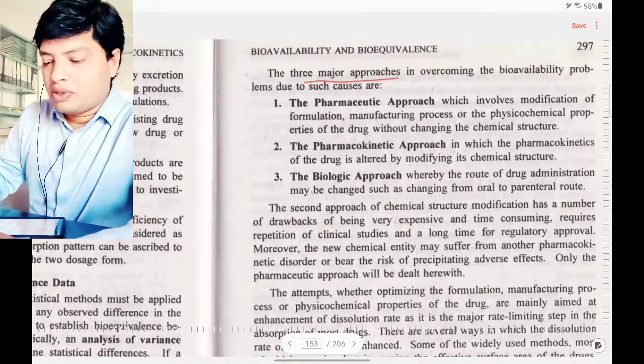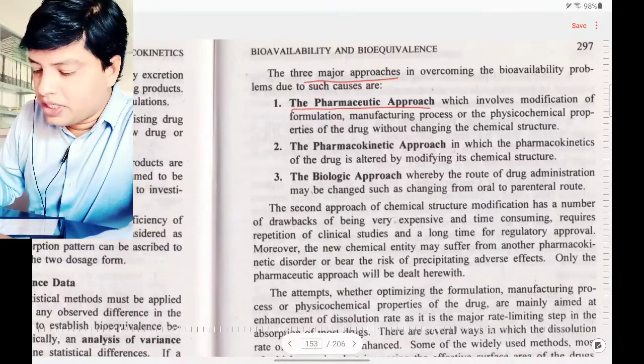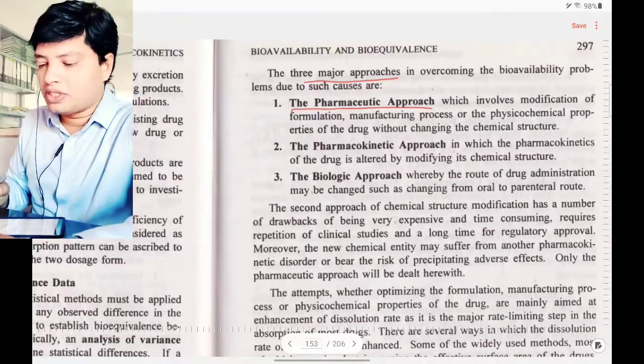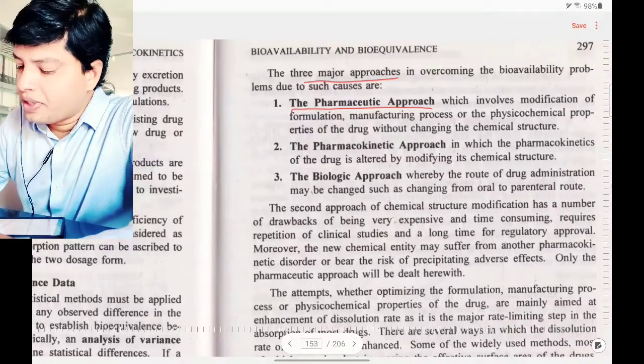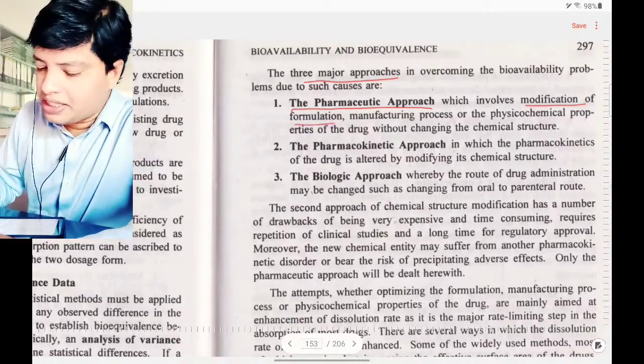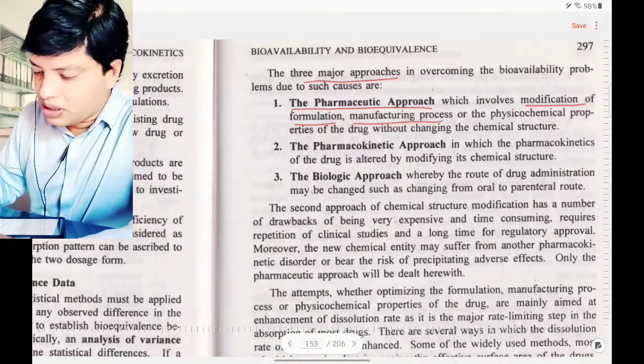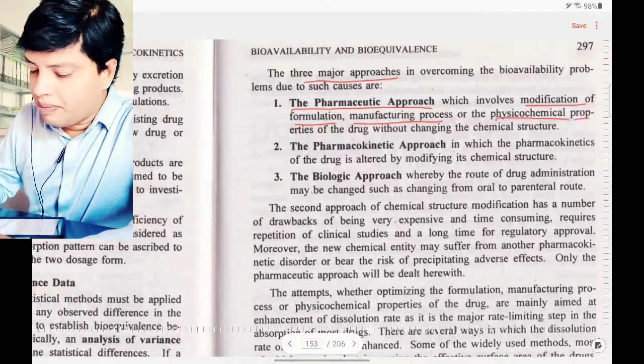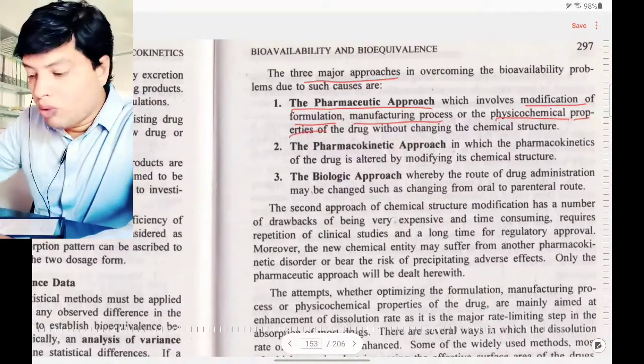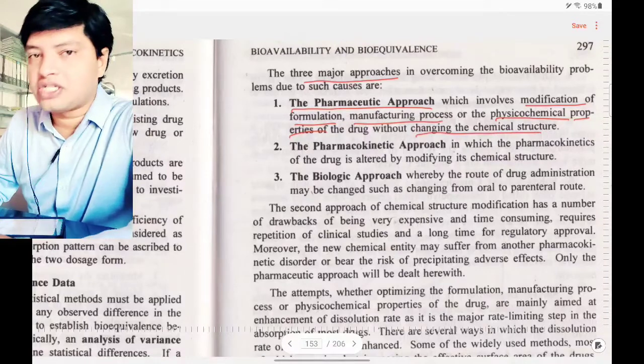The first approach is the pharmaceutic approach. What do we mean by this? It involves modification of formulation, manufacturing process, or the physicochemical properties of the drug without changing its chemical structure.